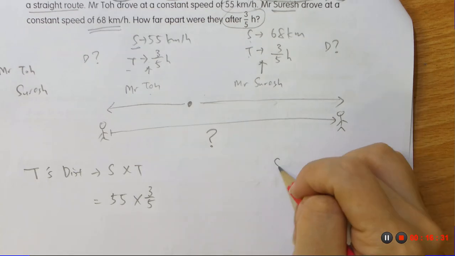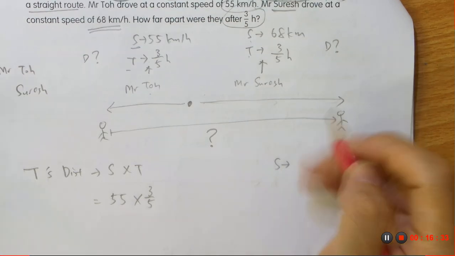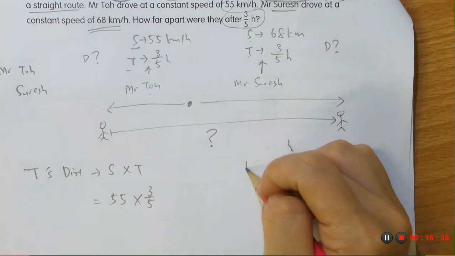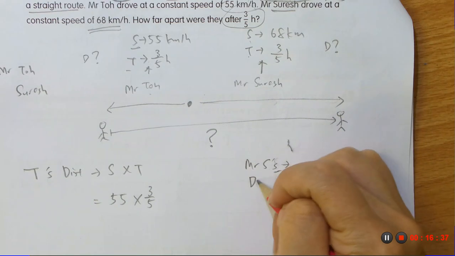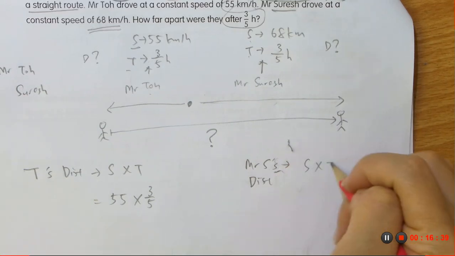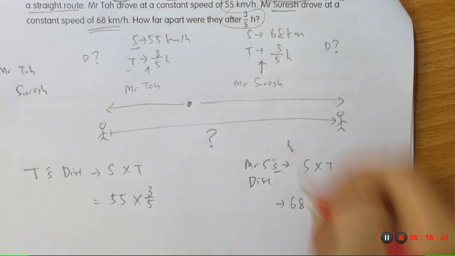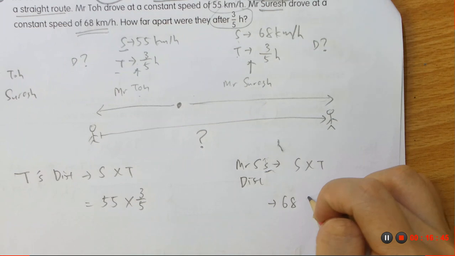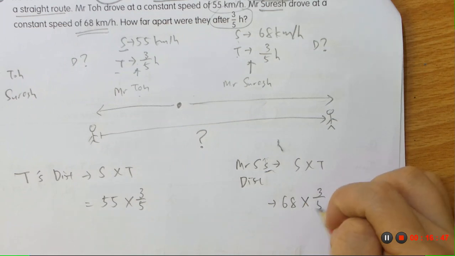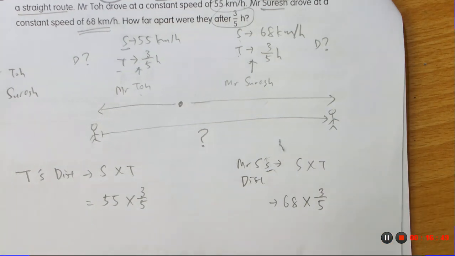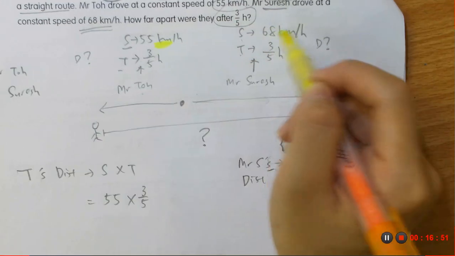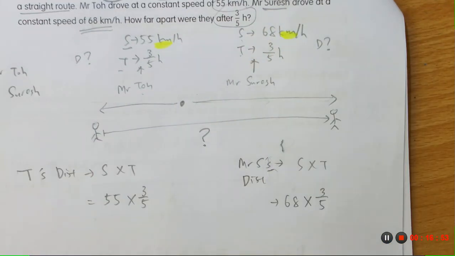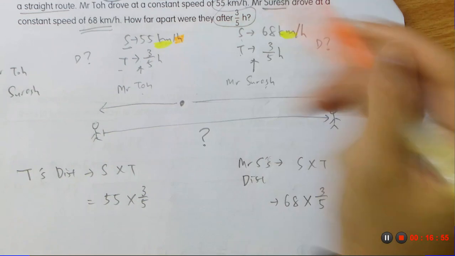Mr. Suresh's distance is also speed times time, 68 kilometers. Make sure you get the units correct. 68 kilometers per hour times 3/5. Now look, it's kilometers per hour. So I make sure I'm using the correct units to multiply.